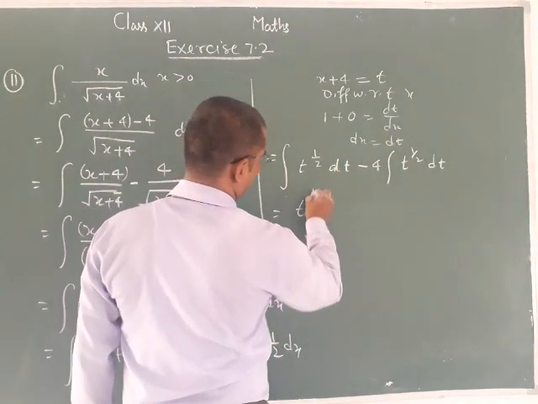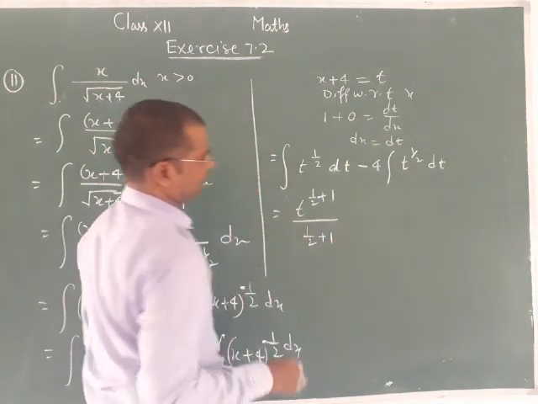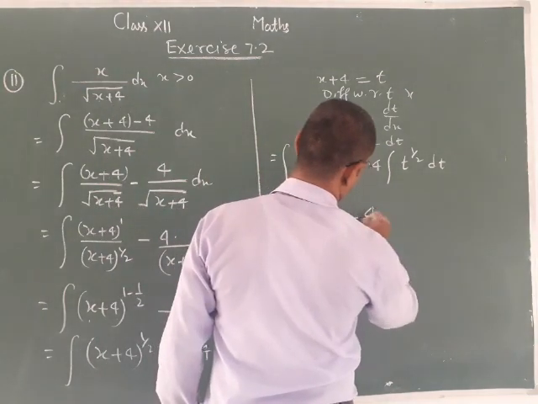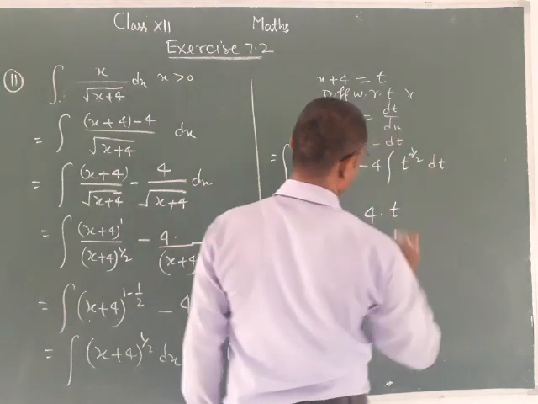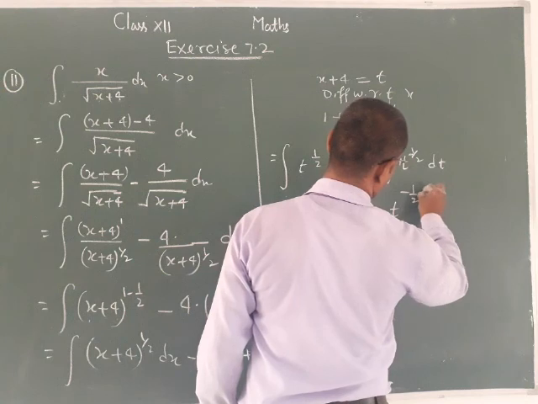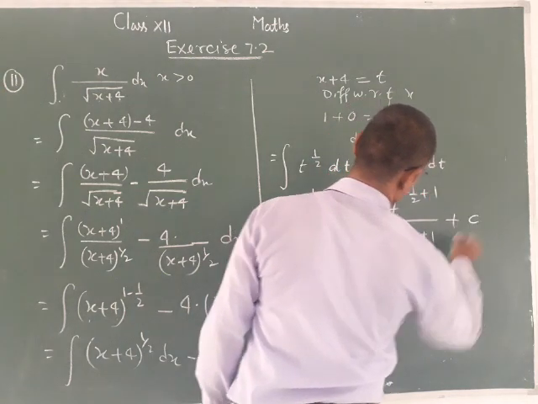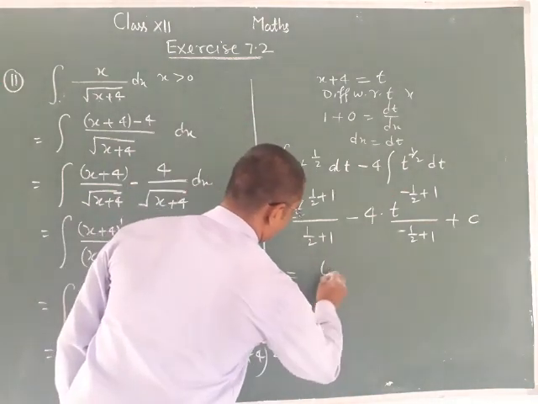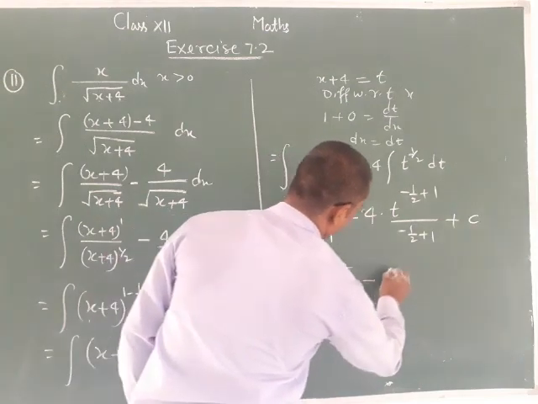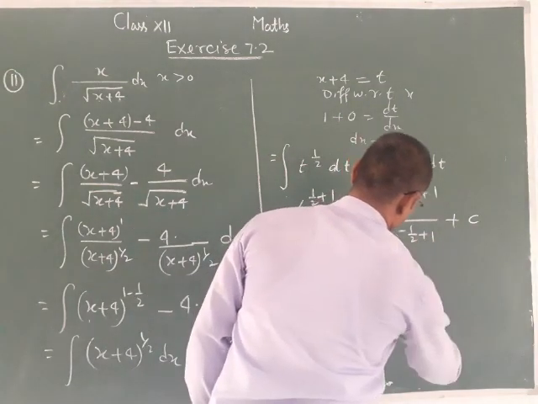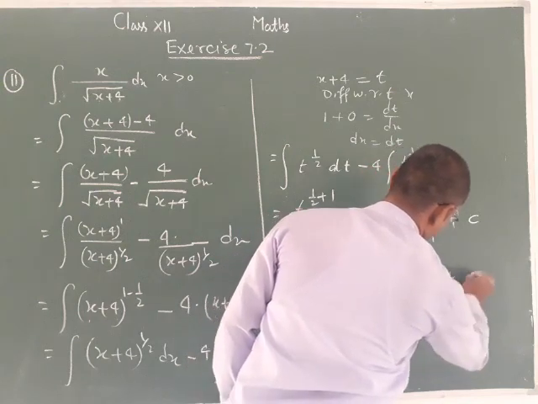So t to the power 1/2 plus 1 upon 1/2 plus 1, and for t to the power minus 1/2, so minus 1/2 plus 1 upon minus 1/2 plus 1 and arbitrary constant c. So t to the power 3/2 upon 3/2 minus 4 t to the power 1/2 upon 1/2 plus c.